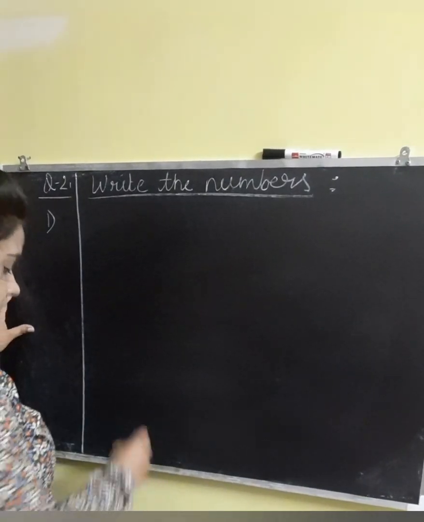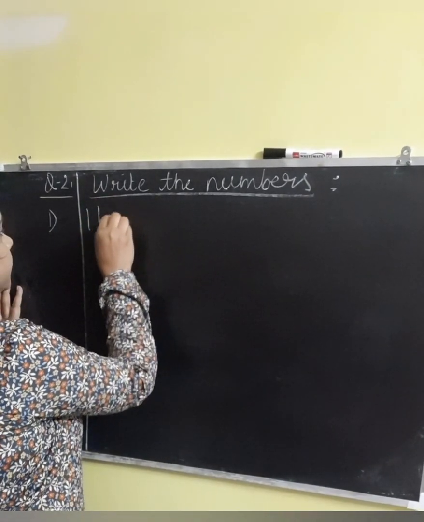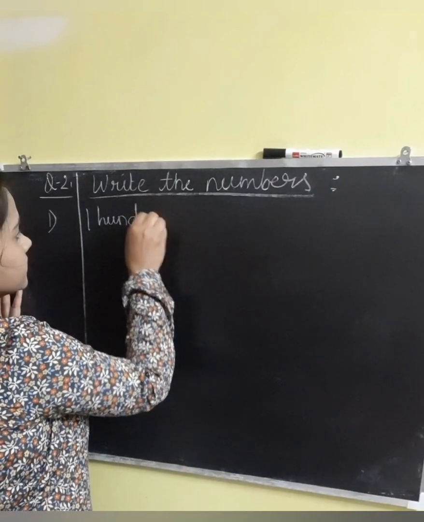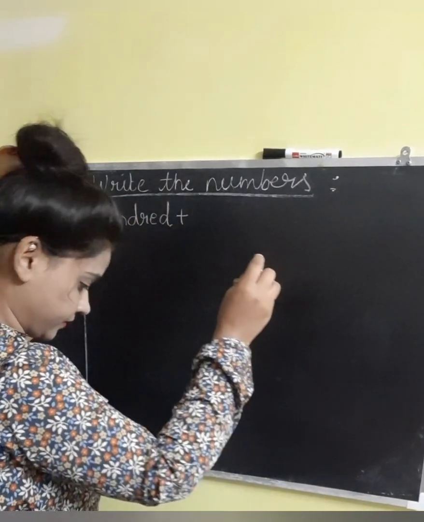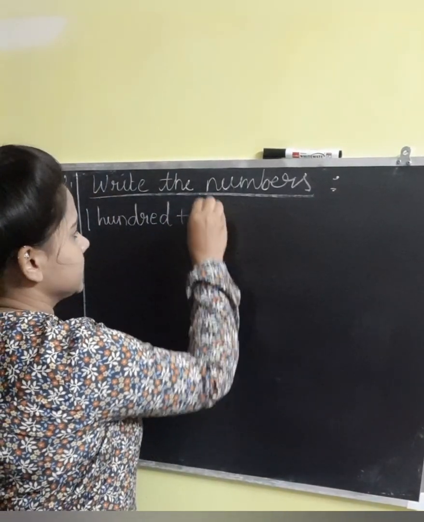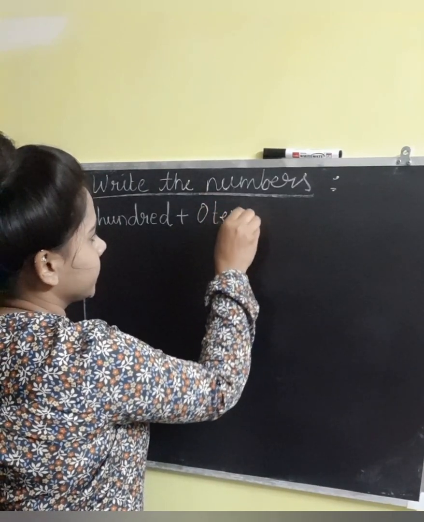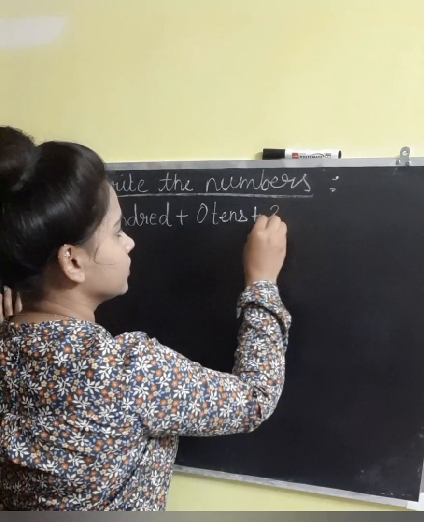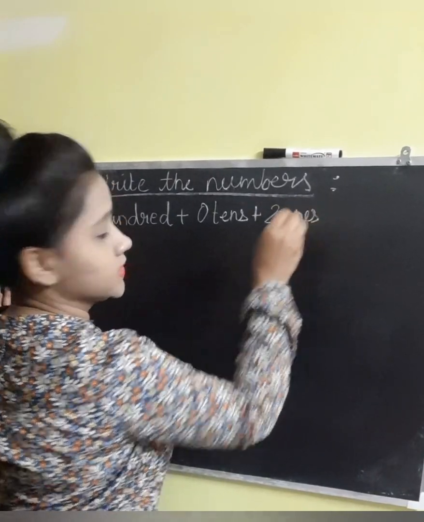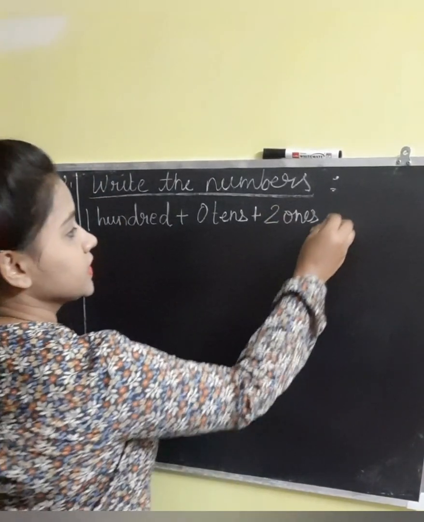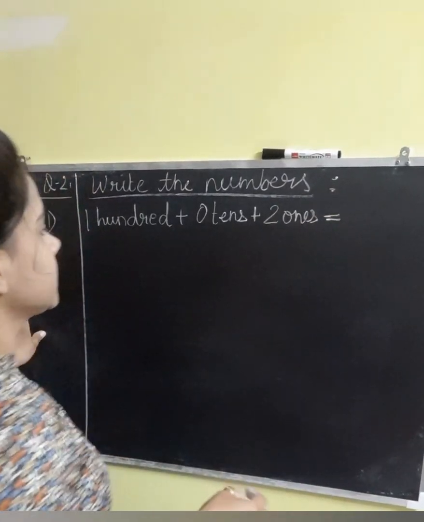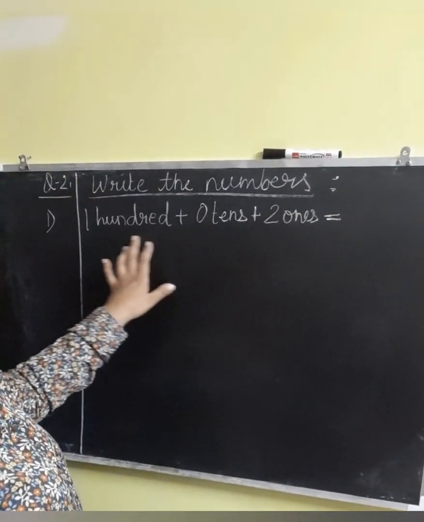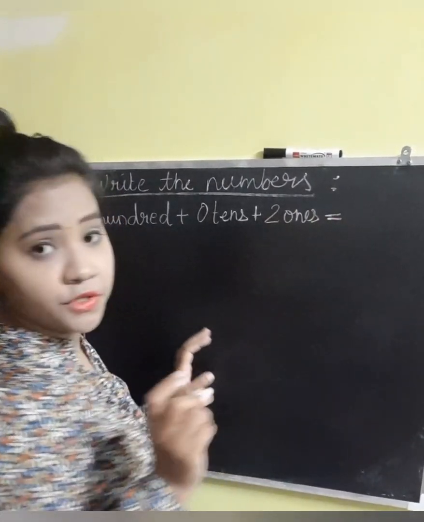So for example, 100 plus 0 tens plus 2 ones. Okay? Now what you are supposed to write down, you just write the digit. So how you are going to write it?